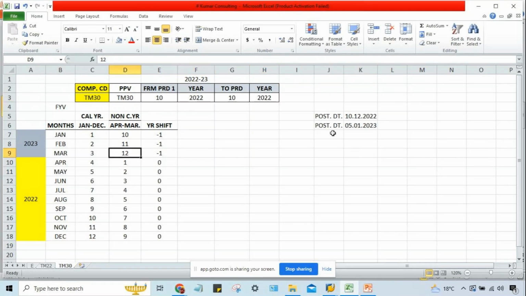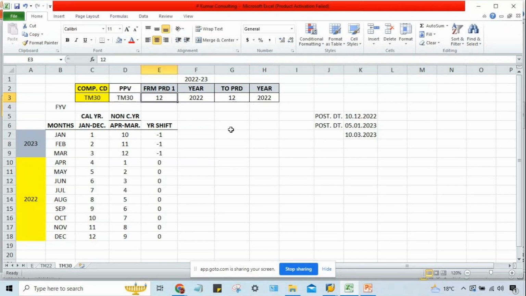If it is March, then what will happen? Simple. The 10th of, let's suppose, March. March equals which period, guys? The 12th period. The 12th period must be open. But here 2023 -1, so 22 is open. This is the actual use. Now, when 1st of April 2023 came, then what will happen, guys?